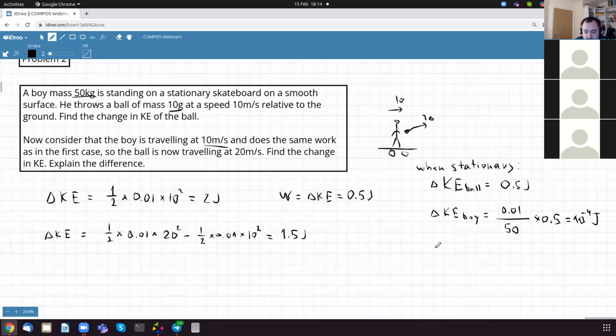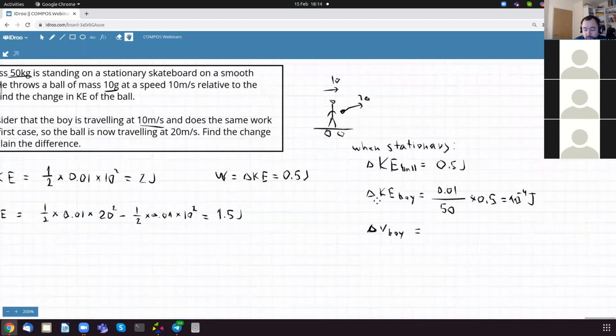But let's calculate the change in the velocity of the boy. The kinetic energy is 1/2 mv squared.